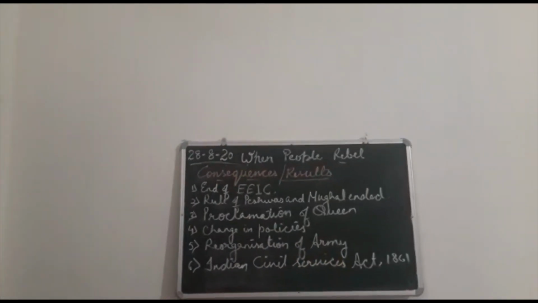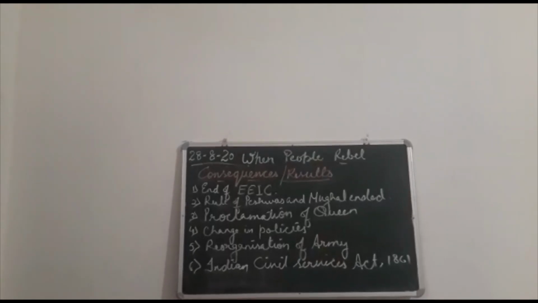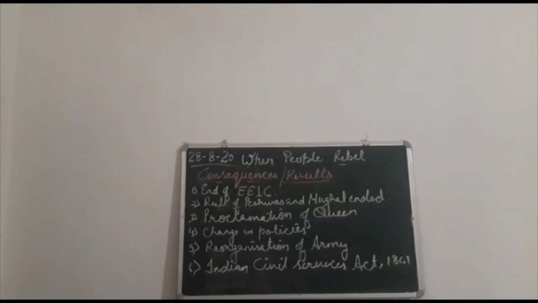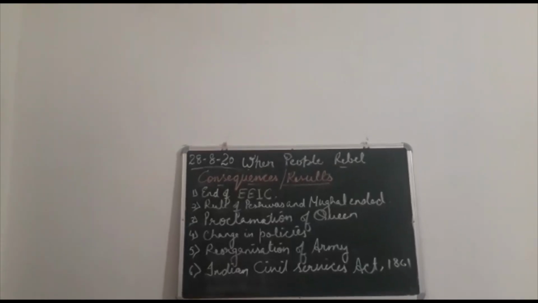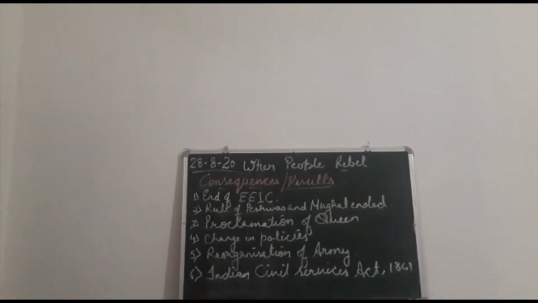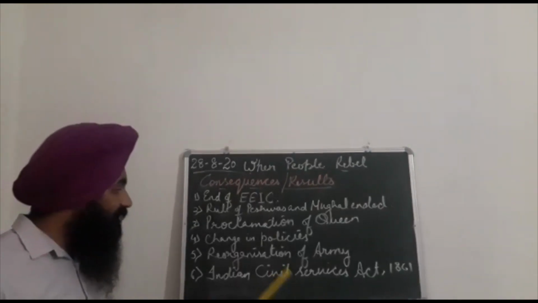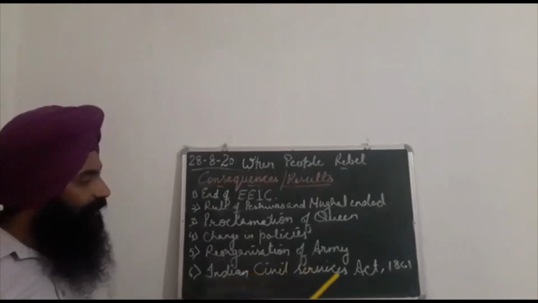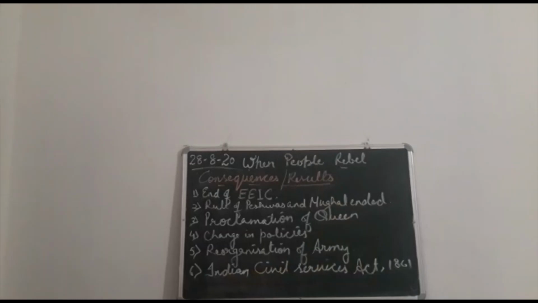As the Indian sepoys were responsible for the outbreak of the revolt, the Indian army was now thoroughly reorganized. The number of Indian soldiers in the army was reduced and the strength of European soldiers was increased by the Britishers. And the last, the Indian Civil Services Act of 1861.